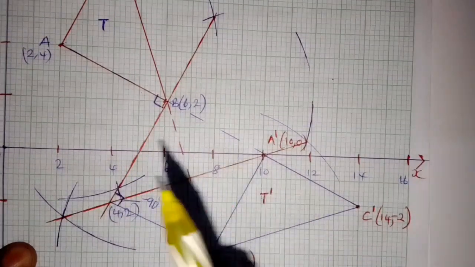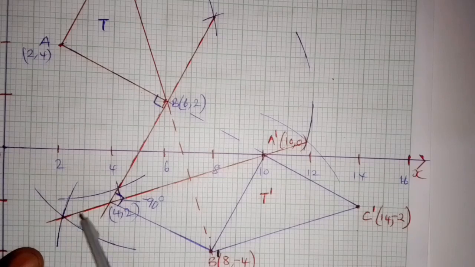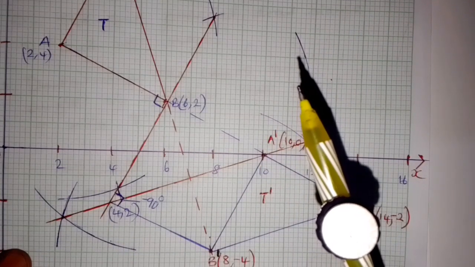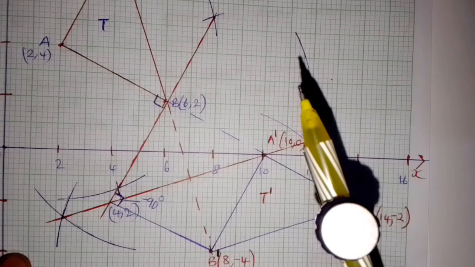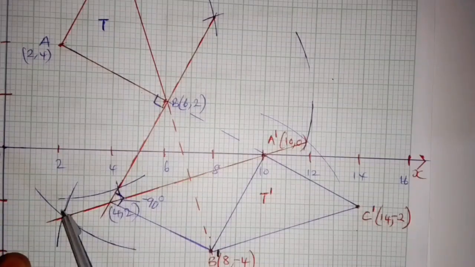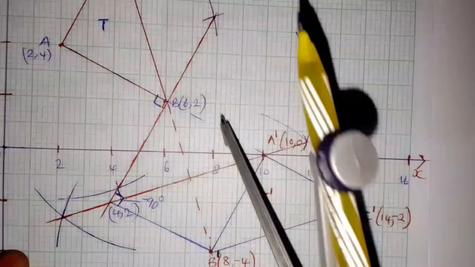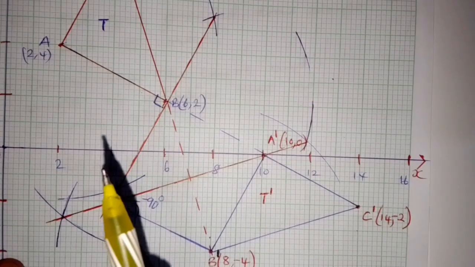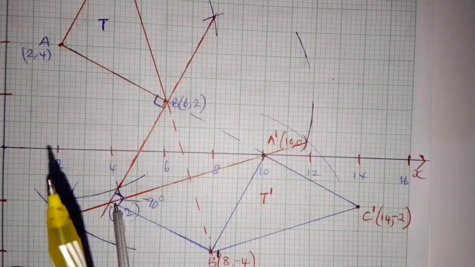Then we join the points here to here using a ruler, so it is going to be a straight line like this, meeting this other straight line here.